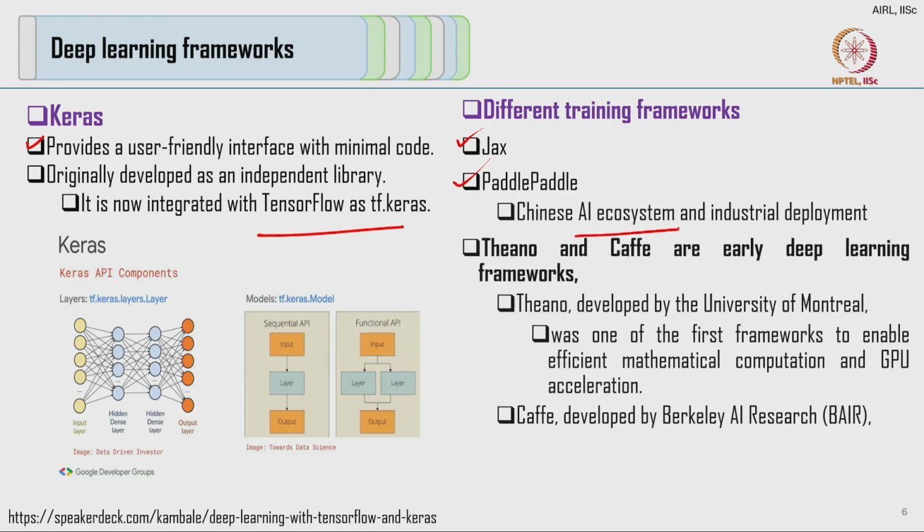PaddlePaddle is essentially a very strong framework which is used in the Chinese ecosystem, right, and the earlier deep learning frameworks essentially were Theano and Caffe. Theano was developed in the University of Montreal, and Caffe was developed by the Berkeley AI Research.